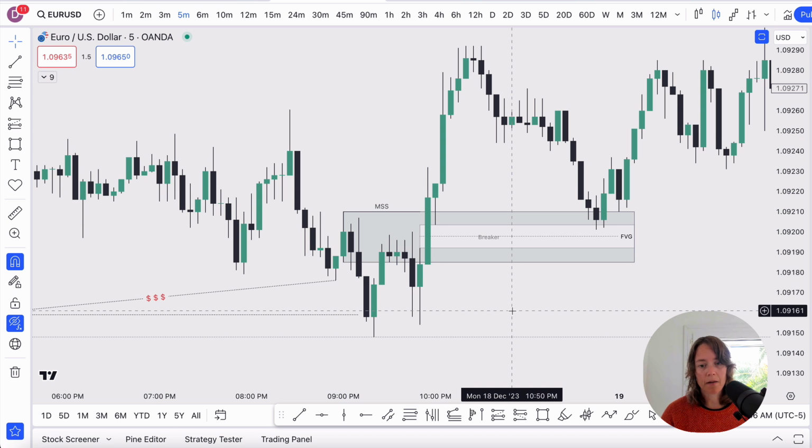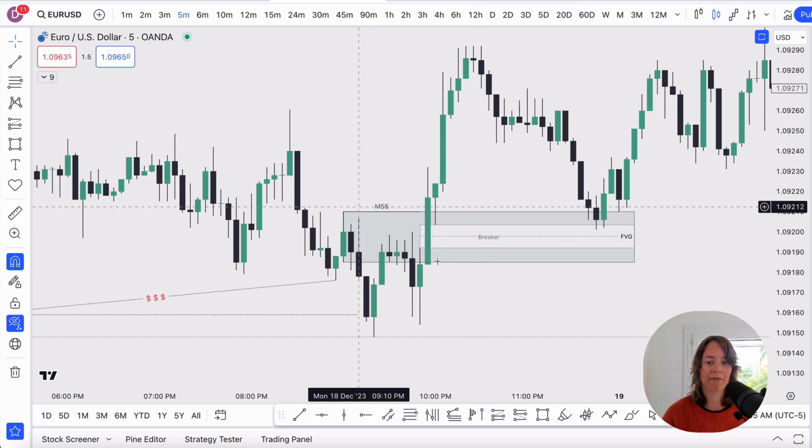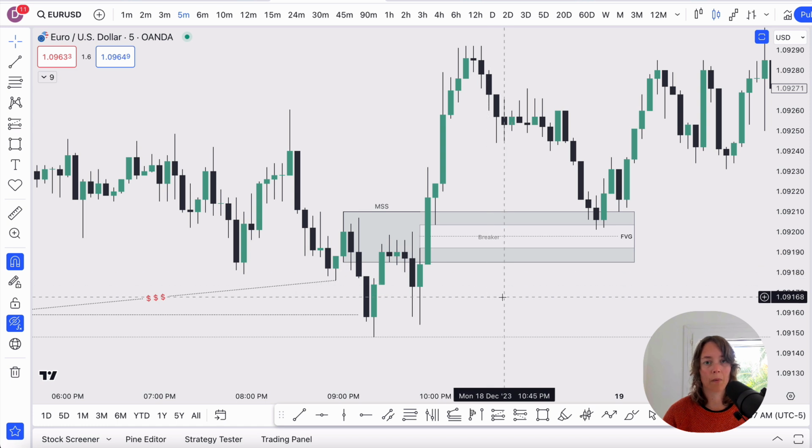every PD array needs to have narrative around it, right? Because this can also be violated when we have a bearish bias. So it's really important that you get the bias correct, that you know which time frames you're trading and what you're aiming for. Let's say this was the 5 minute.